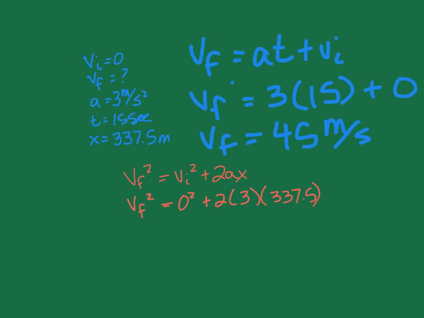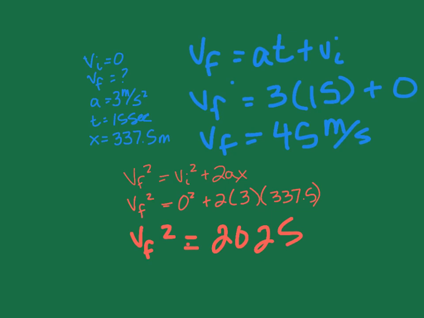Okay, so we're going to do all of this math here, and we're going to end up with V final squared equals 2 times 3 times 337.5.